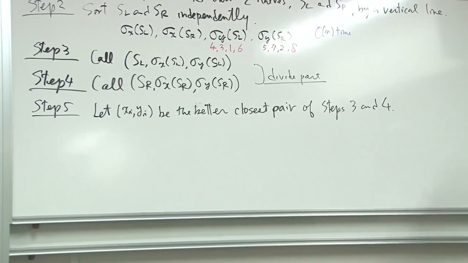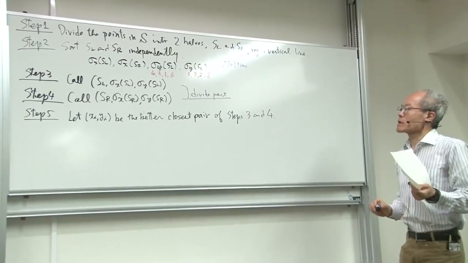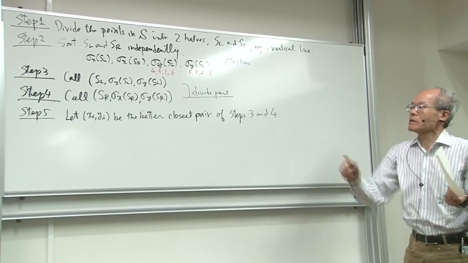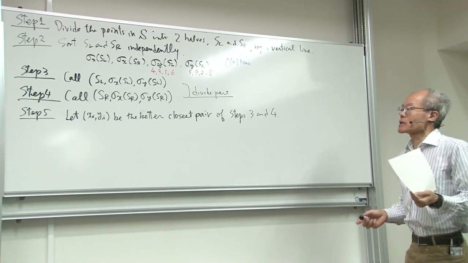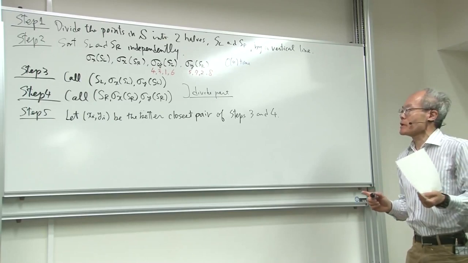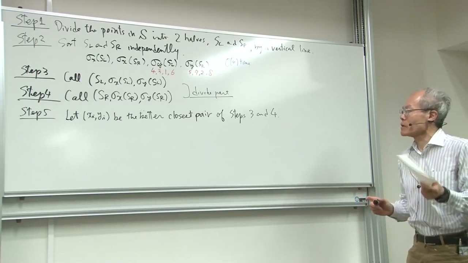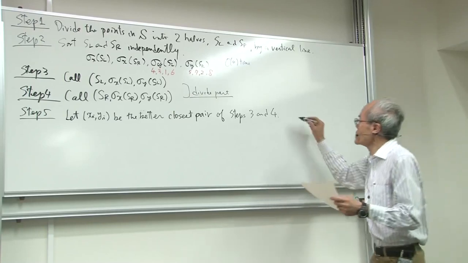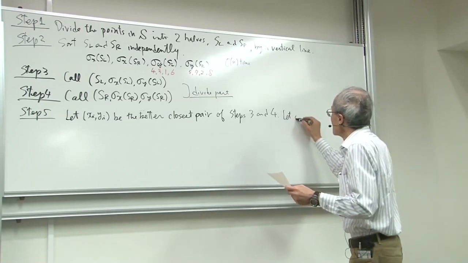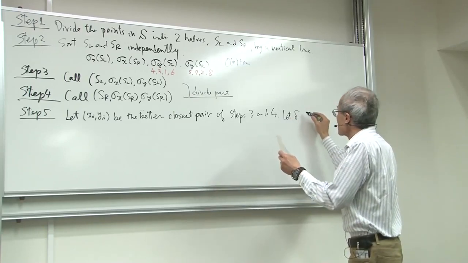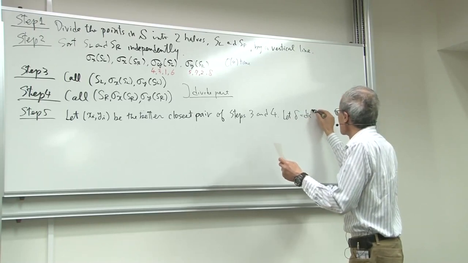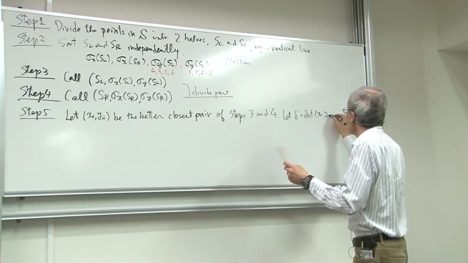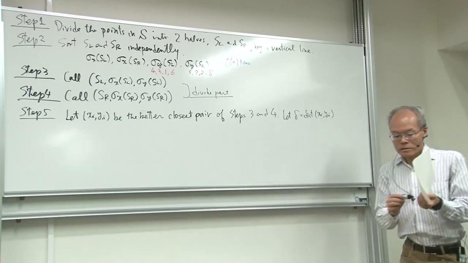Okay. So we have obtained two answers from step 3 and step 4, and let p i, x i, y i be the better closest pair of step 3 and 4. Okay, and let delta be equal to the distance between x i and y i.